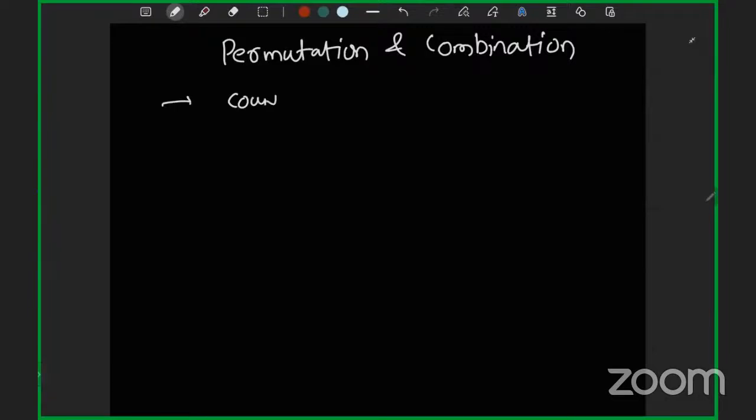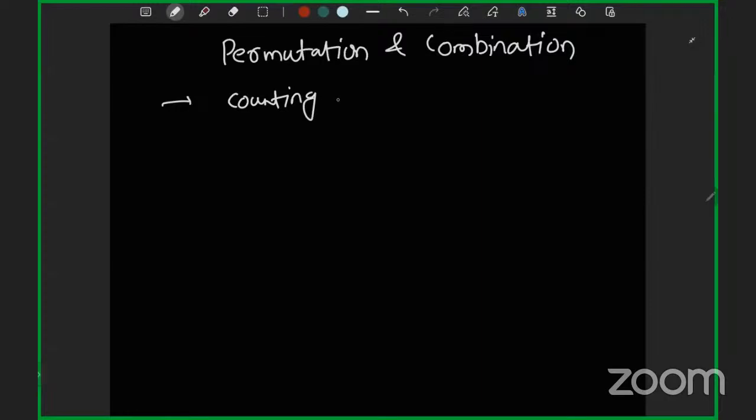Okay. Let me just give you a brief about what we are going to cover and what has been covered. So week 5 and week 6 are based on permutation and combination. In this, basically a few things come up, like counting, how to do counting.